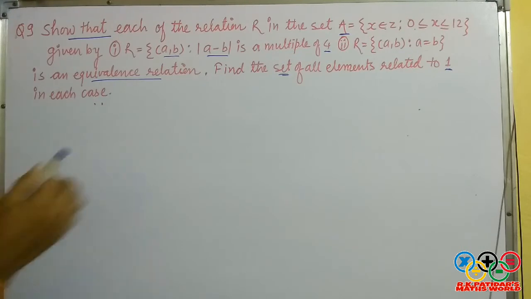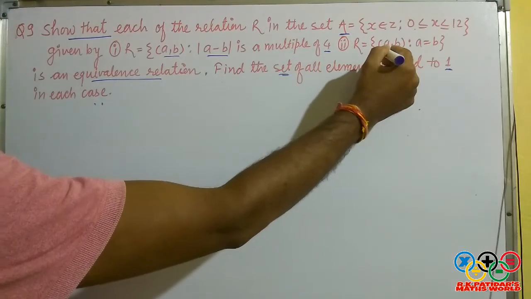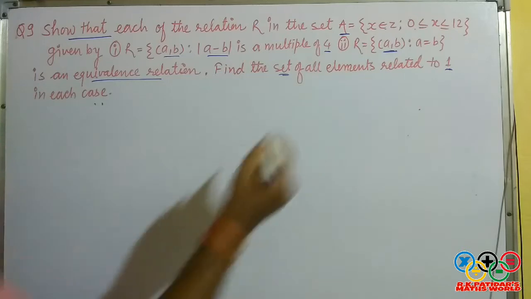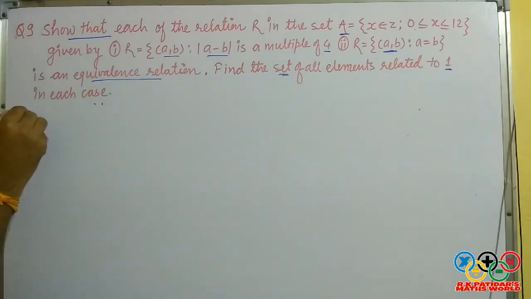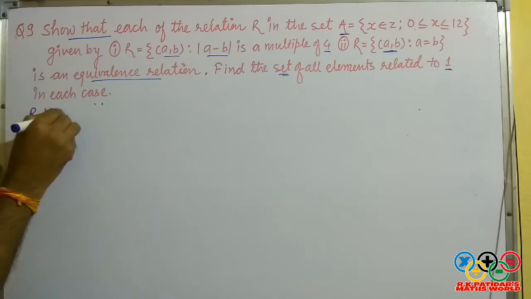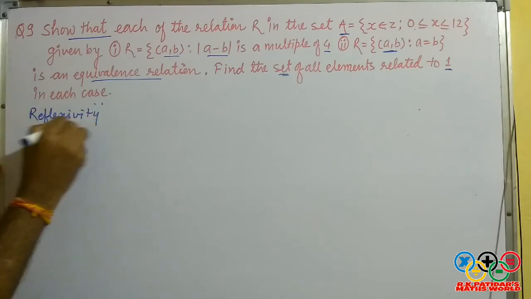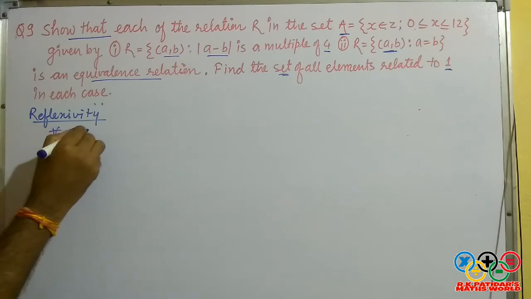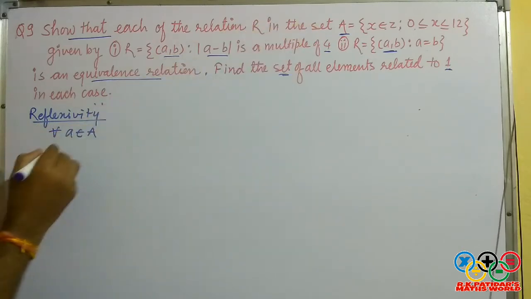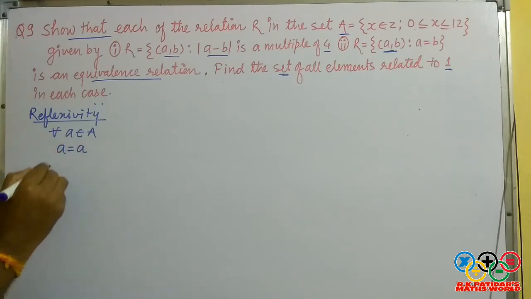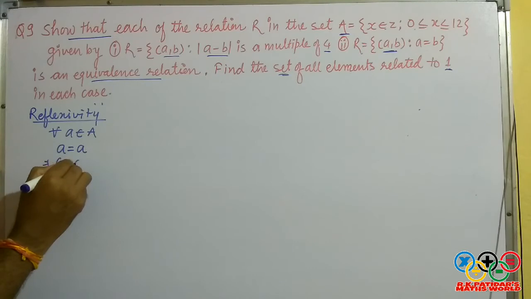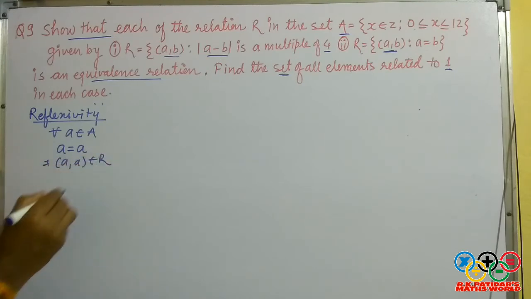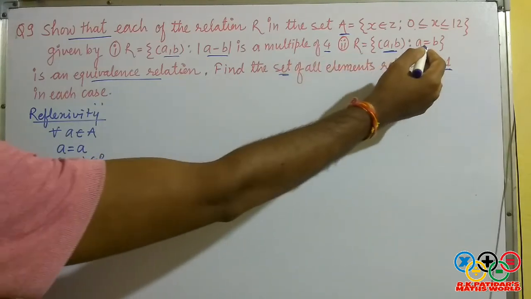Now see the second part. Here the relation is (A, B) such that A is equal to B. So first of all, reflexivity. See, for all A belonging to that set, A is equal to A. This implies (A, A) belongs to R. ठीक है, डेफिनेशन क्या है?